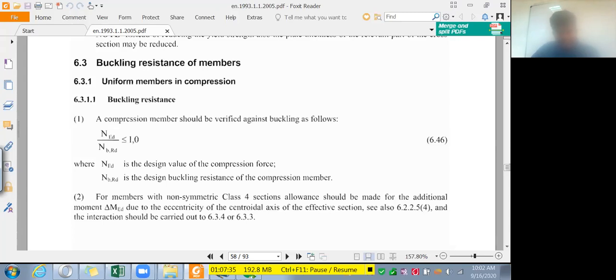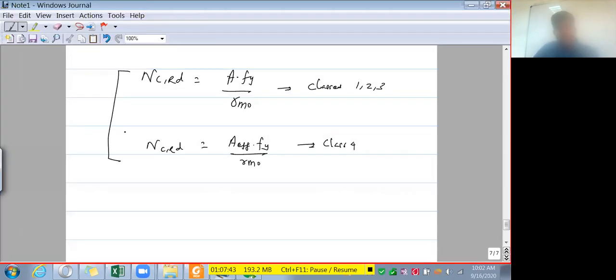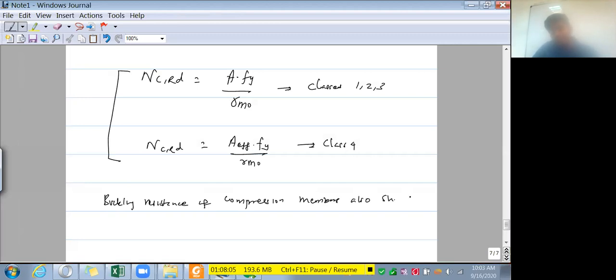So these are the general equations if they are purely under compression, but buckling resistance of compression members also should be checked.